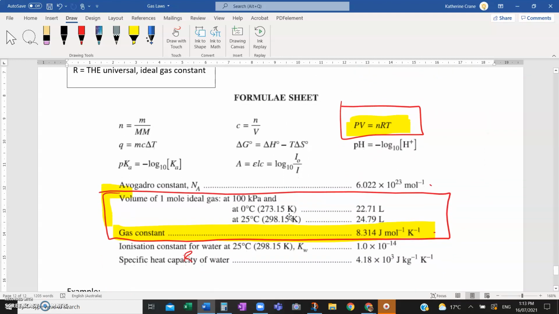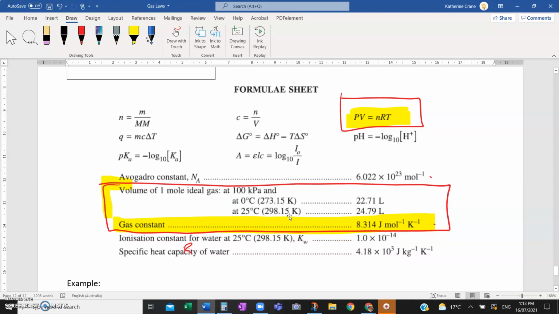Your data sheet has a periodic table, and it's actually 4 pages. On one of the sheets, it has the formulas. So it's got our moles formula, our concentration, and here you can see it's got our PV equals nRT, which is the ideal gas law.